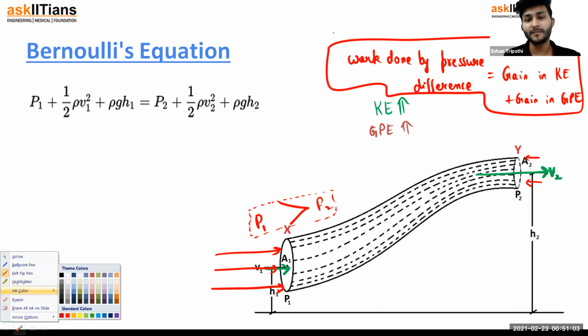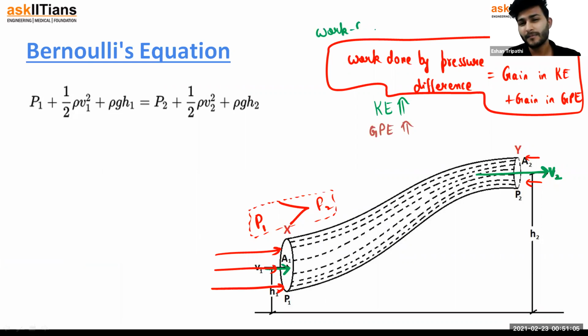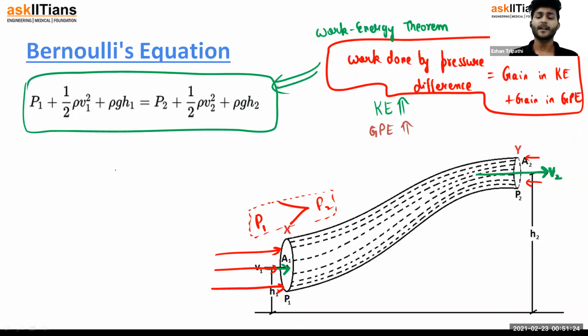And if you just use the work energy theorem and change its form a little bit, you don't need to know how that is done. We'll be learning it later on. But in class 9, that's all we need to know, that a little manipulation of this work energy theorem can actually give us this equation called Bernoulli's equation. It's the same thing as that. Okay.